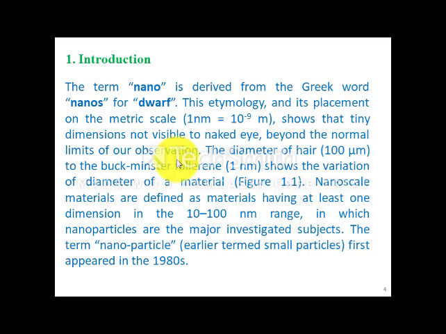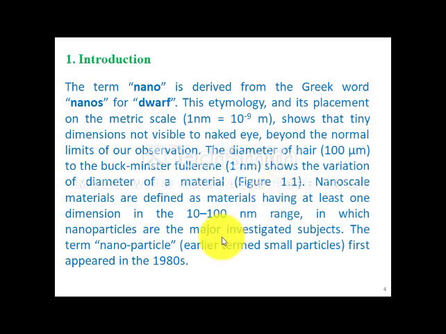Just recalling for you, the diameter of a simple hair is 100 micrometer, and if we compare the hair with fullerene, the Buckminster fullerene, a carbon-60 compound, its diameter is only 1 nanometer. So this is the variation in diameter.